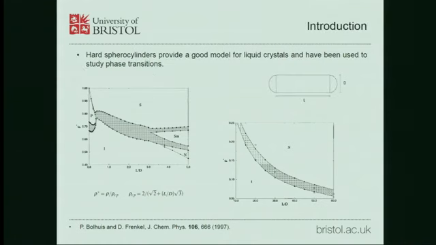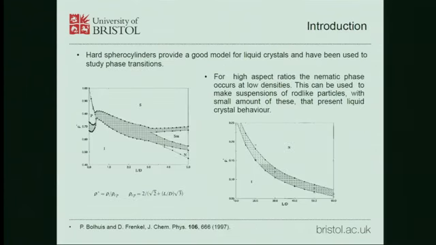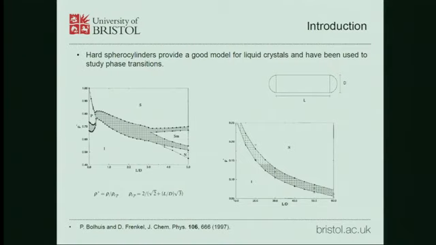As you know, with hard body interaction of rod-like particles, we can get liquid crystal phases. When you increase the aspect ratio of these sphere cylinders, these phases appear at lower density.